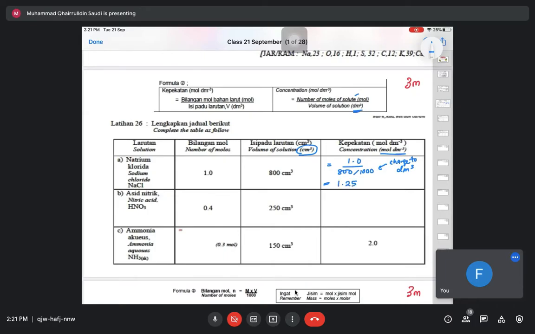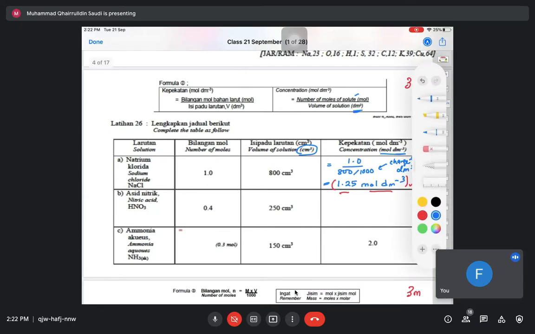What? Can you give me the units? Good, mole per dm cube. Just like last time, with unit, correct number with correct unit, 1 mark.